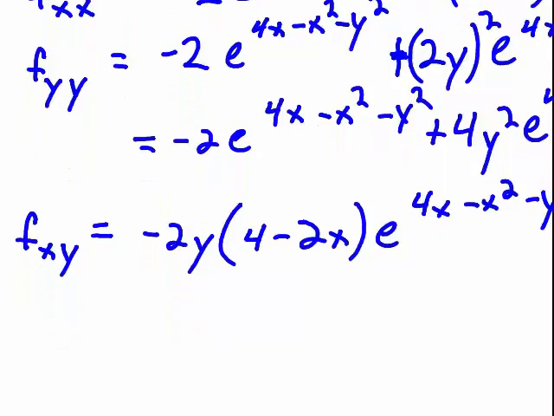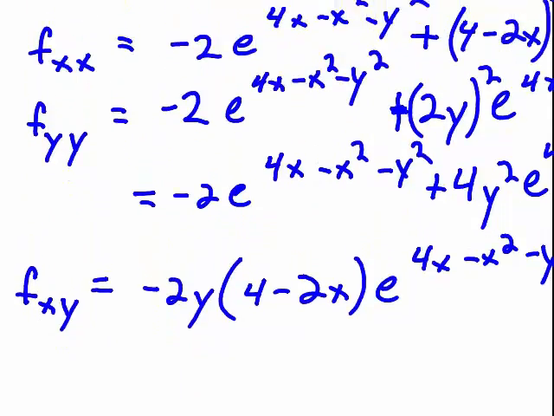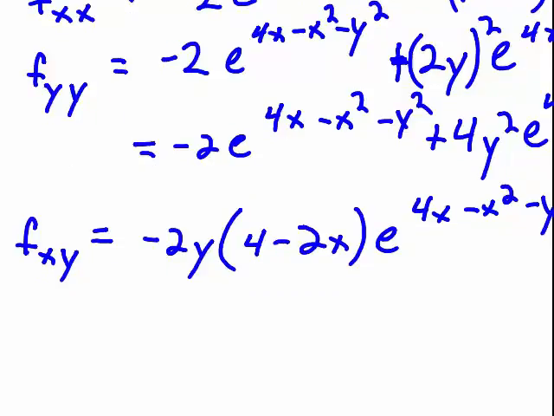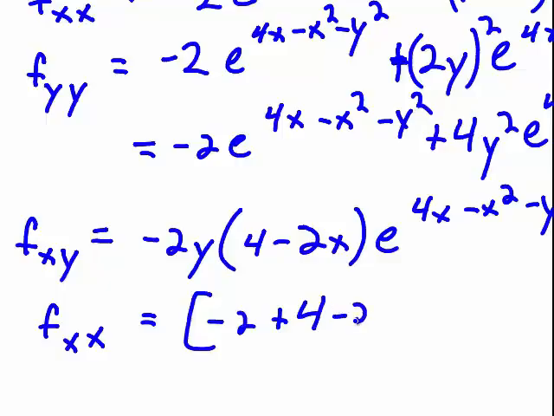This may be helpful. Let's factor out the common factor. In f sub xx, let's factor out the exponential function. Inside you'll have negative 2 plus the quantity 4 minus 2x, squared, and then times the exponential function.